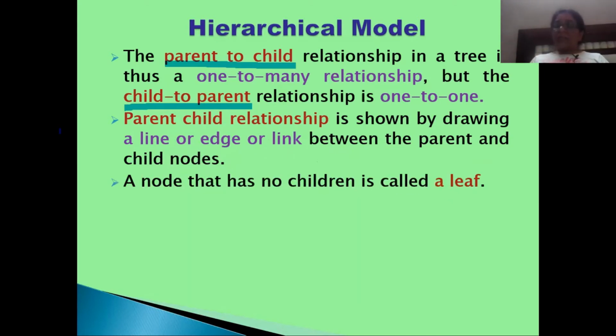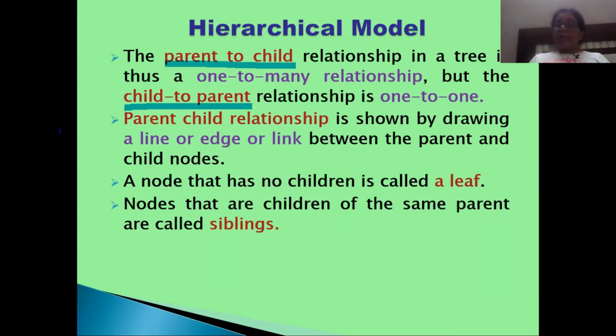A node that has no children is called a leaf. जो सबसे नीचे के nodes होते हैं, जहां पर उसके बाद there are no more children shown, उसे कहते हैं leaf nodes, right? Nodes that are children of a same parent are called as siblings. If a particular node has two child nodes, they are referred to as siblings. They are called as siblings in a particular level.